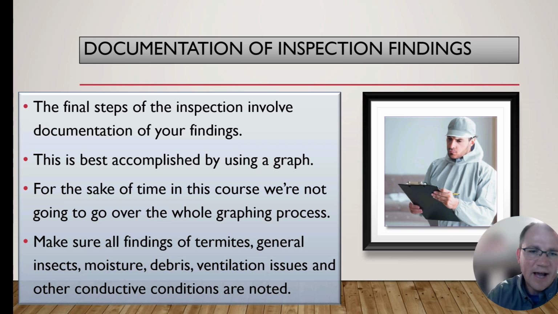For the sake of time in this course, we're not going to go over the whole graphing process. You just need conducive conditions that are noted. These are the things you're going to need later because you can't really build a good treatment plan without having good documentation of what you found. Then it's much easier to make solutions to solve the problems you have.